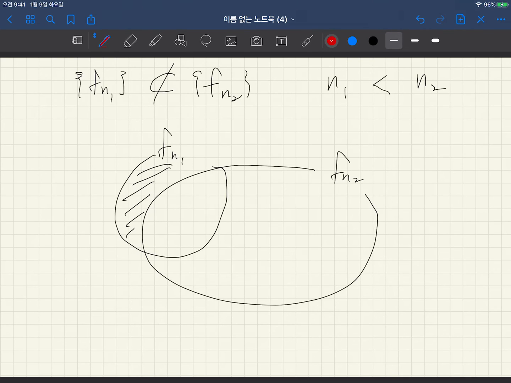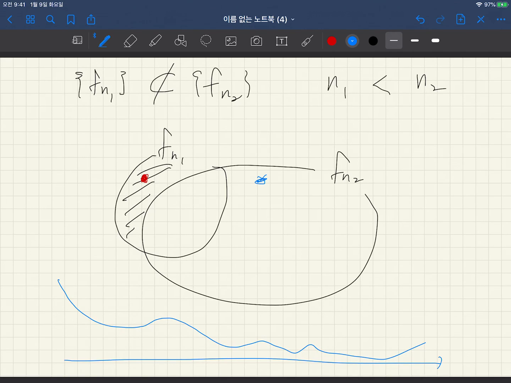So if your solution for the Fn1 class is located here, then Fn2 does not have this red point. Maybe, although you have much more degrees of freedom, much more flexibility, much more options to choose from, the solution of Fn2 could be worse than the solution of Fn1. So because of that, maybe your training error can go up and down, although you increase the number of parameters, right?